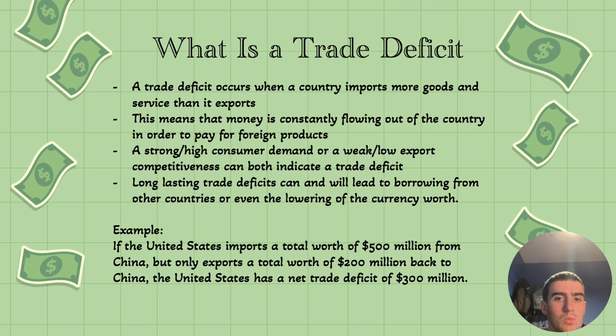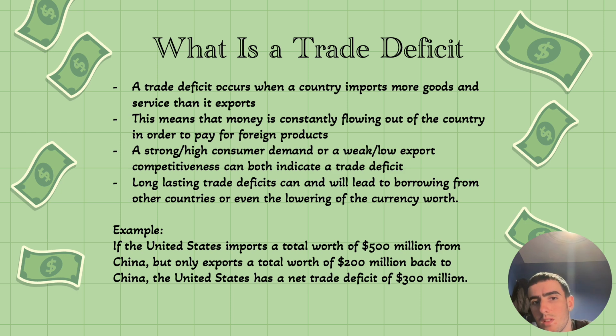To start off, we'll talk about trade deficits. So what is a trade deficit? A trade deficit happens when a country imports more goods and services than it exports, which means that more money is leaving the country to pay for foreign products than we're receiving for our own products going to foreign countries.